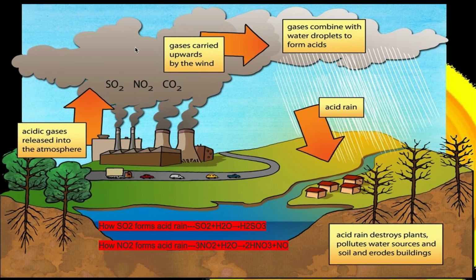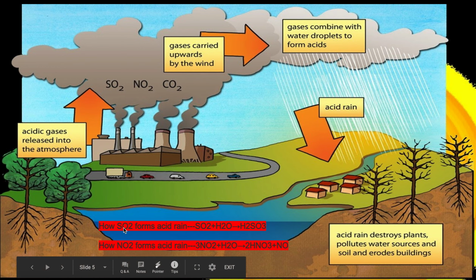After the gases are released, wind will help them spread around, and they can go upward and get closer and closer to water molecules in the air, such as clouds. With the increasing number of acids formed by the water and the gas molecules, they will eventually come down to the ground, the world that we are living in now, and cause a lot of negative impacts. We will go through that later.